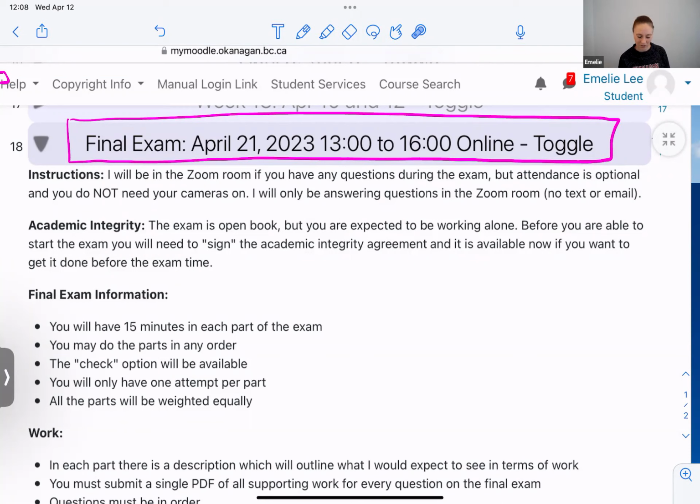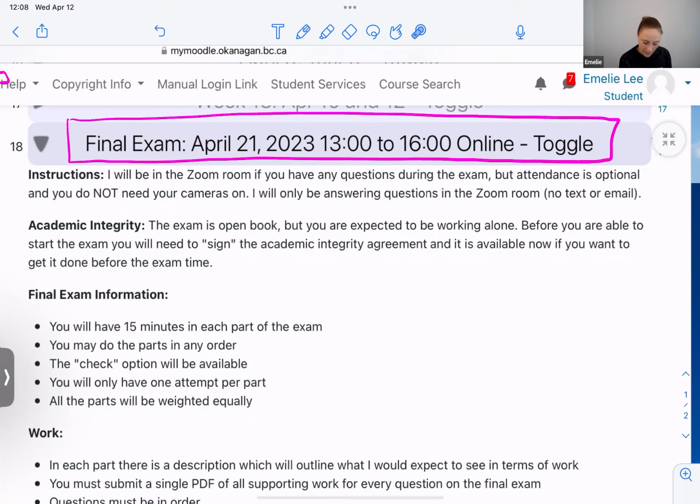I'll have the little ringer on, but sometimes during final exams I'll be so busy doing marking. You do not need to have your camera on, because I know final exams are super stressful, and I don't want to do that.